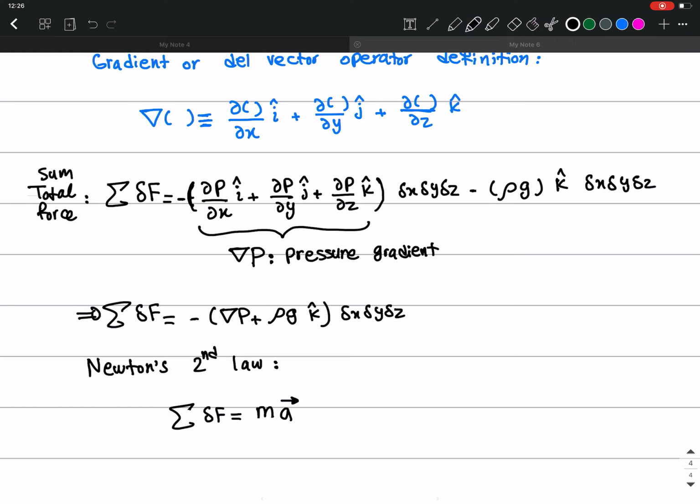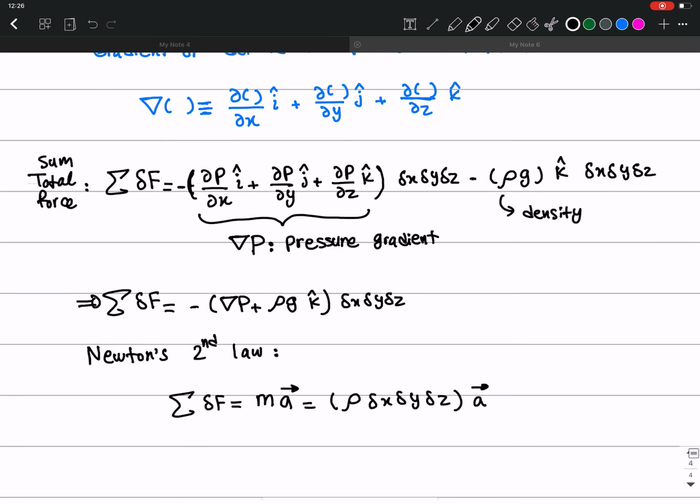Mass times acceleration. So instead of mass, I can write density rho times delta x, delta y, delta z, which is the volume. This is going to be mass times a, which is the acceleration of the fluid. Okay?